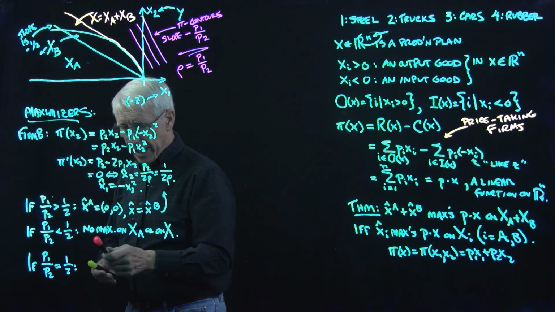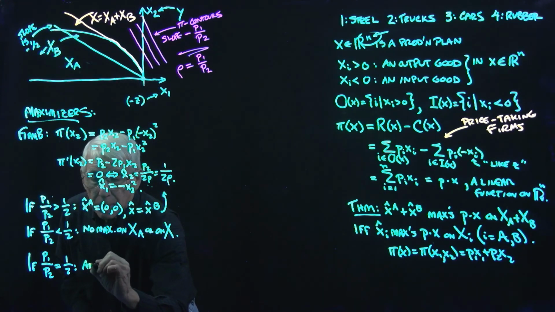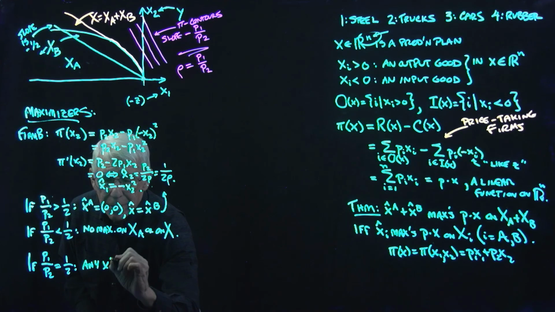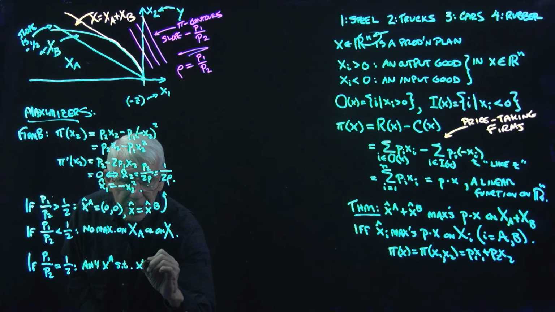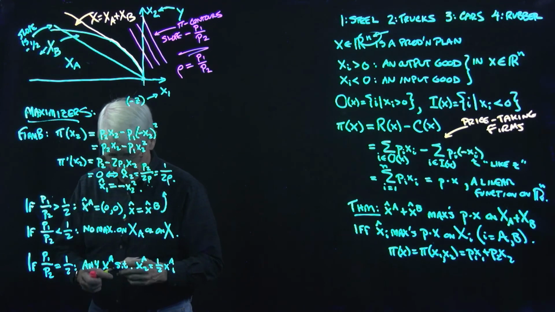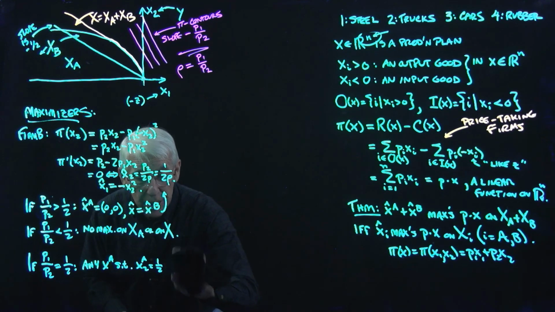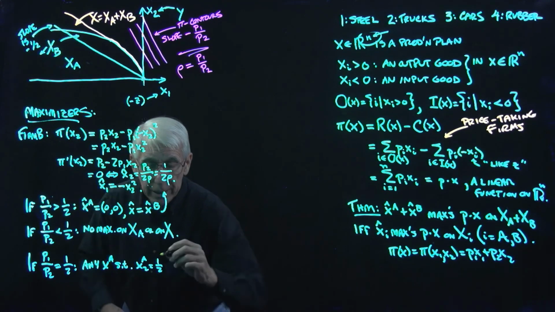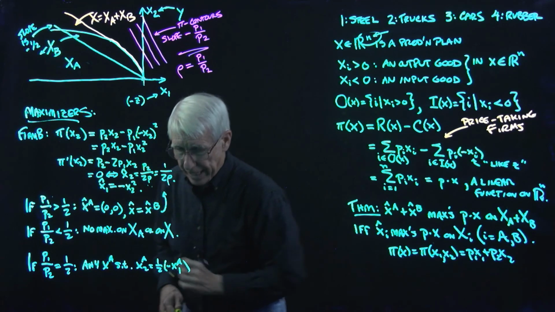So in this case, we would have any XA such that XA2 is 1/2 XA1, and I should make that minus XA1 because we are doing inputs negatively here, so this should equal this times minus XA1.